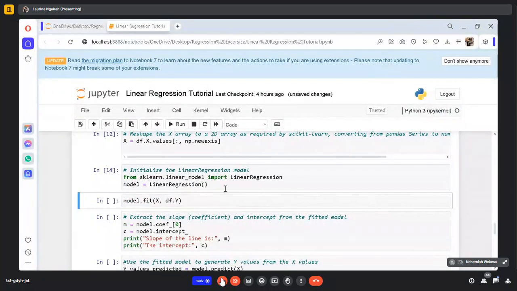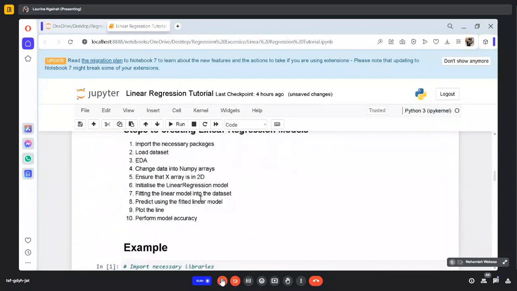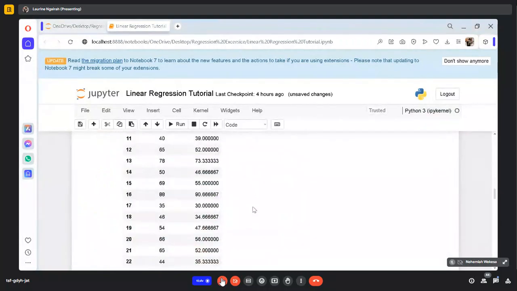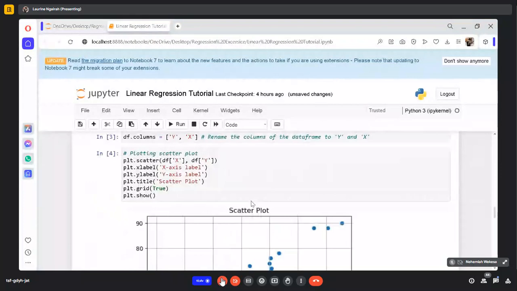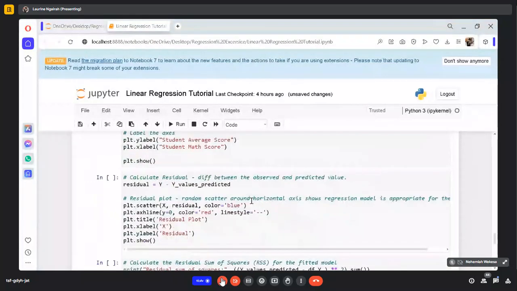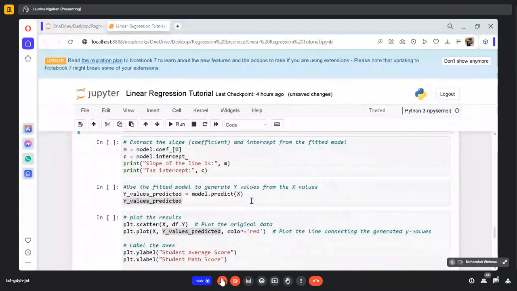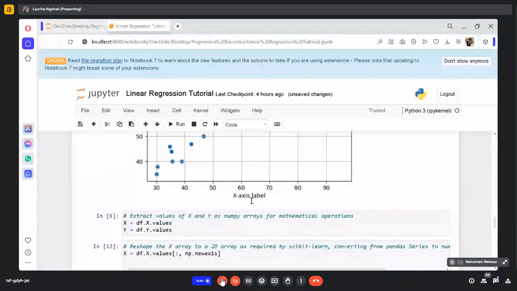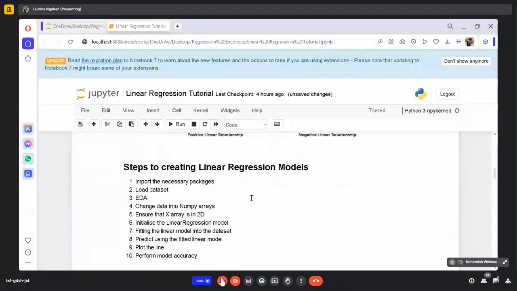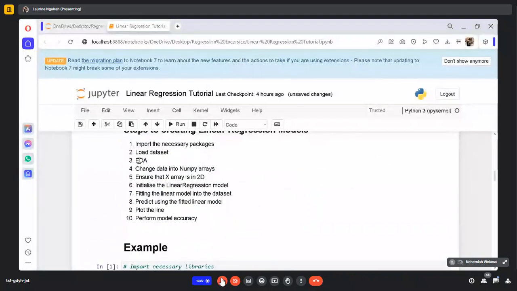Okay then. So after initializing, now we fit the model into our data. So that is this step: fitting the linear model into our data set. Can you run through the steps again up to where we are? We've imported the necessary packages. Then we've loaded the data. Then we've conducted a bit of EDA.